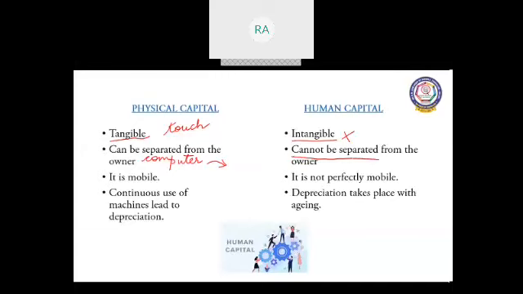Physical capital is mobile. It can be shifted from one country to another or from one region to another. Whereas human capital is not perfectly mobile, as the movement is restricted by nationality and culture.